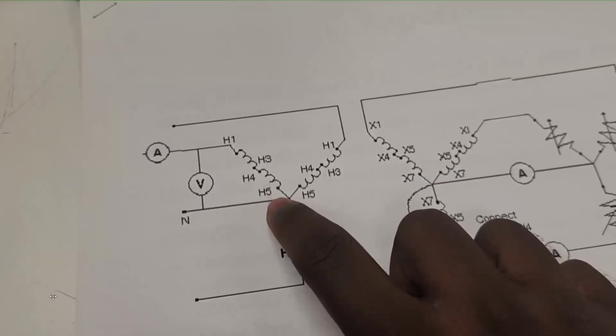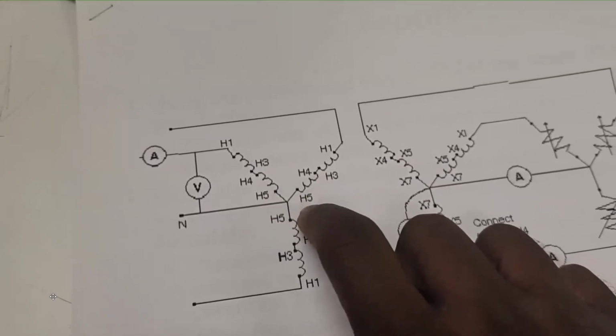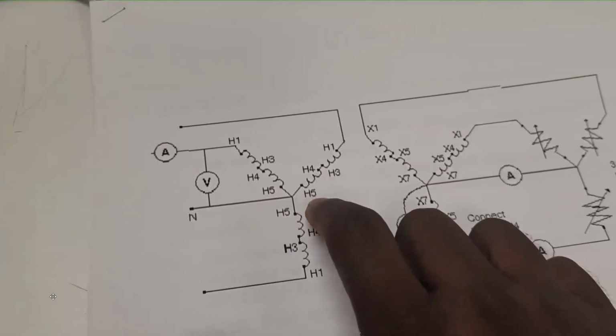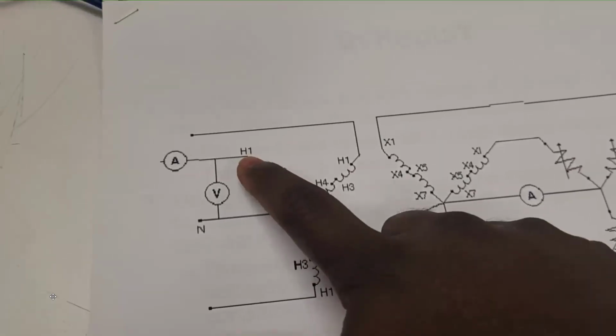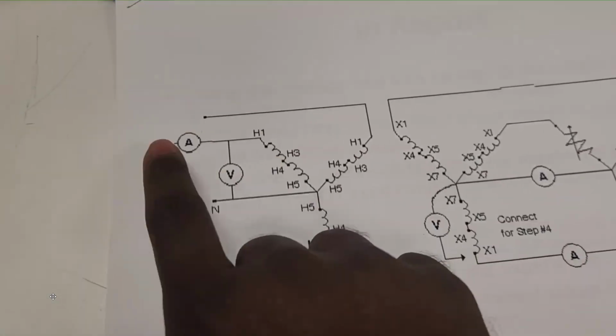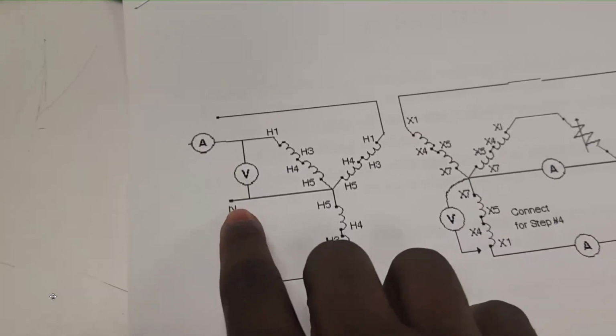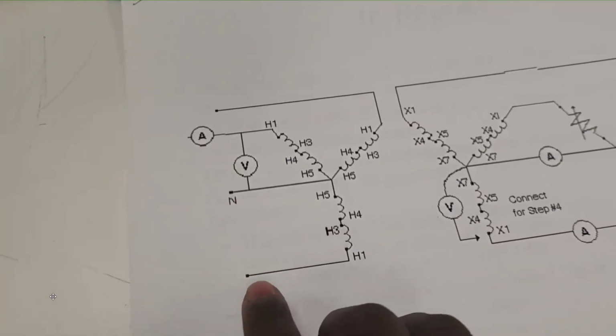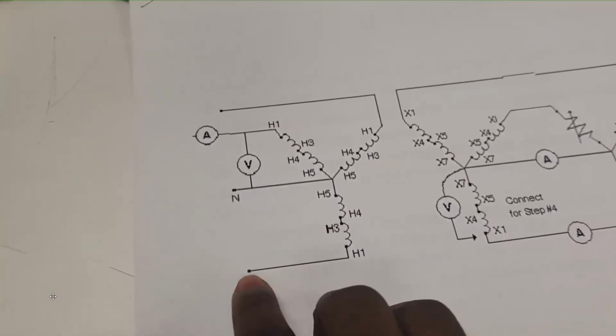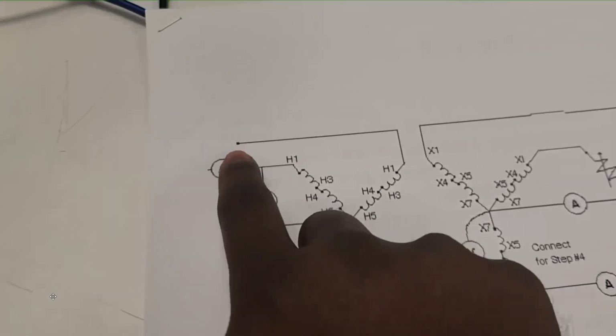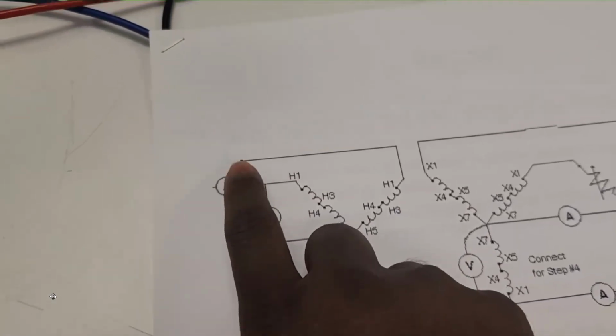H5 of each of the lines are connected. So we are gonna do the same. So H1 should be connected to the supply, and N should be connected to the neutral, and another point should be connected to B, and the final one should be connected to C.